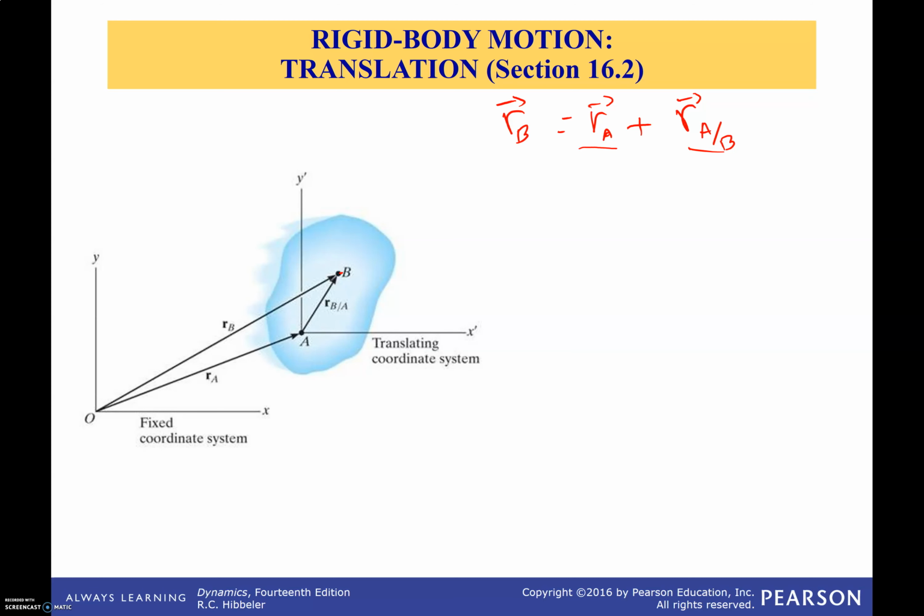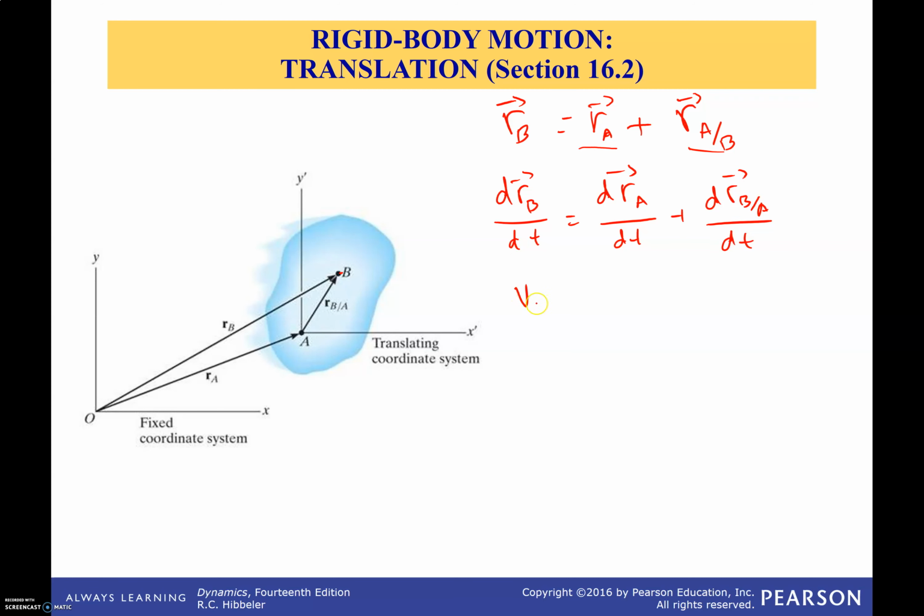Now we can take derivatives. The derivative of r_B with respect to time is equal to the derivative of r_A with respect to time plus the derivative of r_B/A with respect to time. What is this?